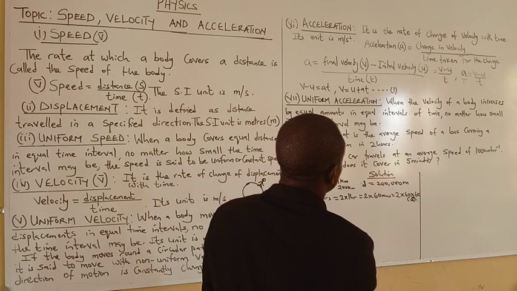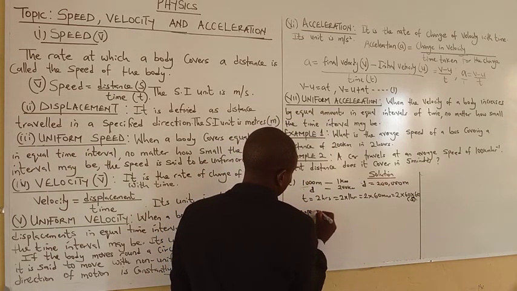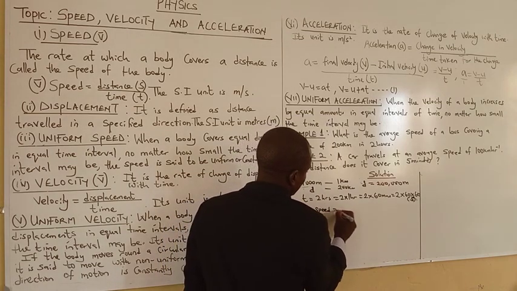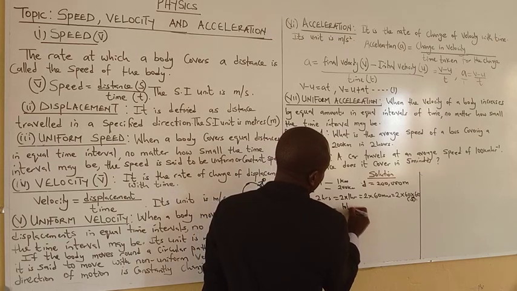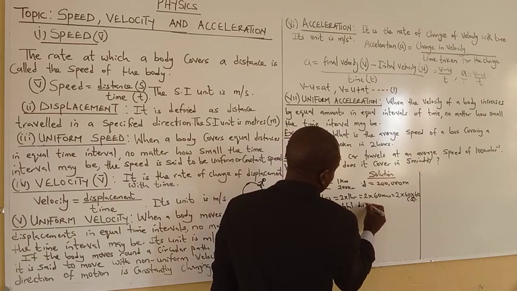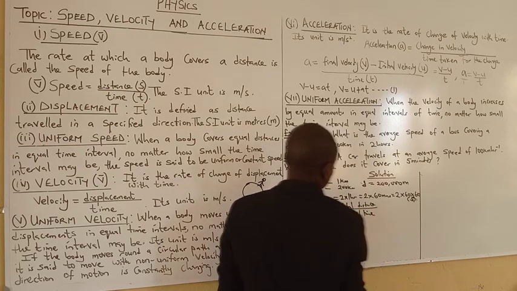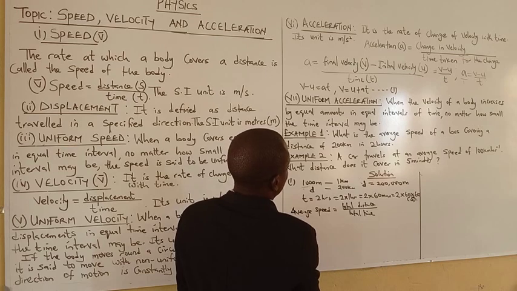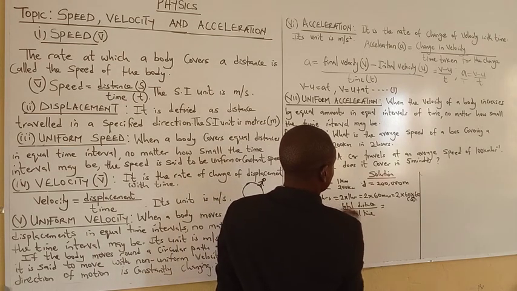Okay, what are we looking for? Average speed. Average speed equals total distance over total time. What's our total distance?